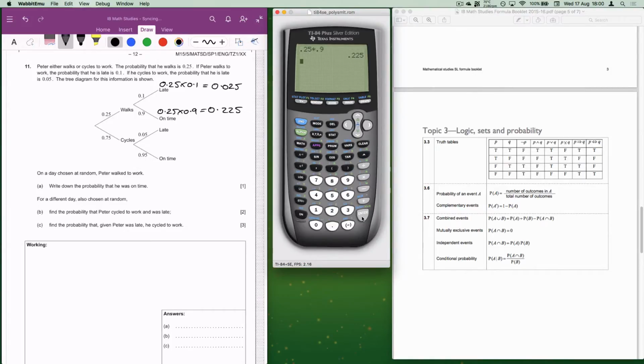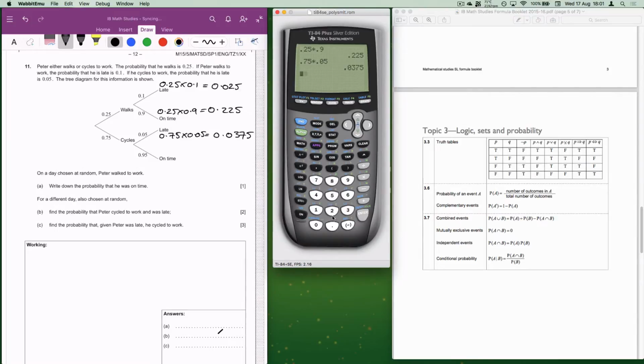He's late, so that's going to be 0.75 times 0.05, which equals 0.0375.